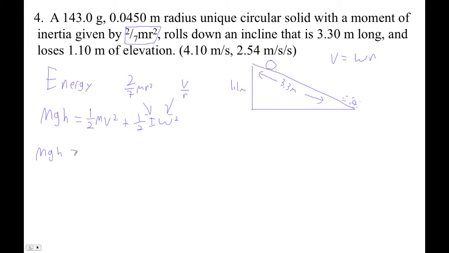mgh is 1/2 mv squared plus 1/2 times 2/7 mr squared times (v divided by r) squared. All right, what do we got?